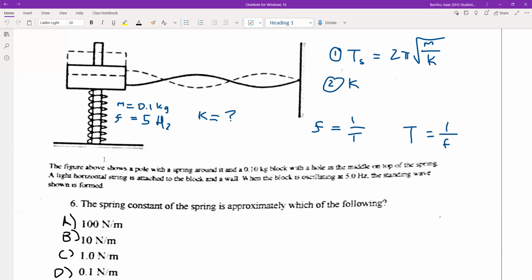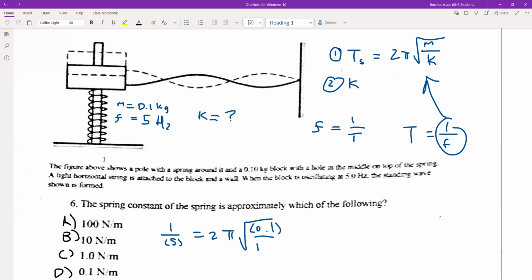So that means that 1 divided by f equals this. So we can plug that in. So 1 over f, which is 5, equals 2 pi times the square root of mass 0.1 divided by what we're trying to find, k.